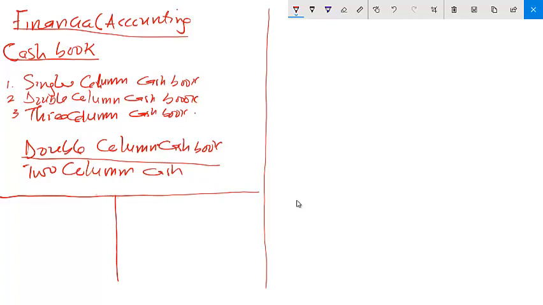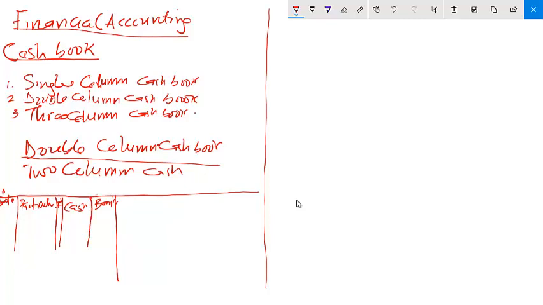And if you remember, I said that for the double column cash book, it contains a column for date, for particulars, another column for folio numbers, then we have a column for cash and another column for bank. This is what actually makes it double column.